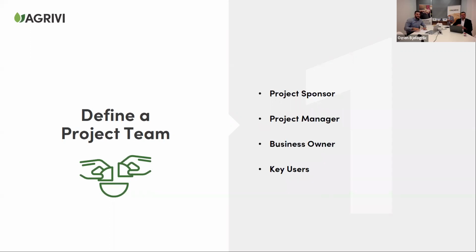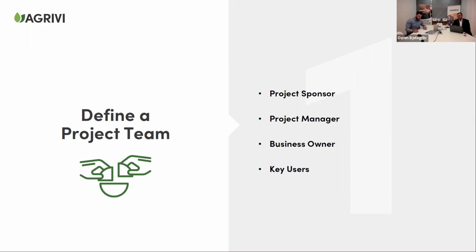They are the ones who need to approve specific needs and requirements that are gathered within their team, and move forward. So that business owner has to have commitment during the purchasing process of a specific software. And key users, as the word explains itself, are usually the users of the systems, and they can be across different departments.